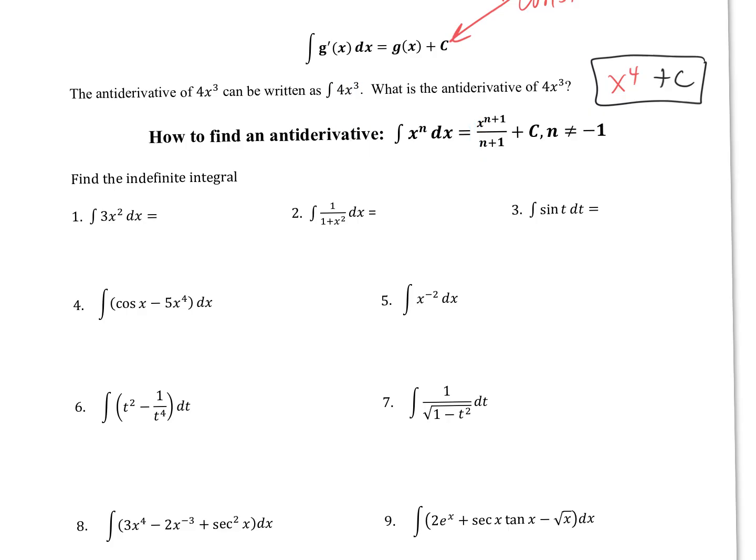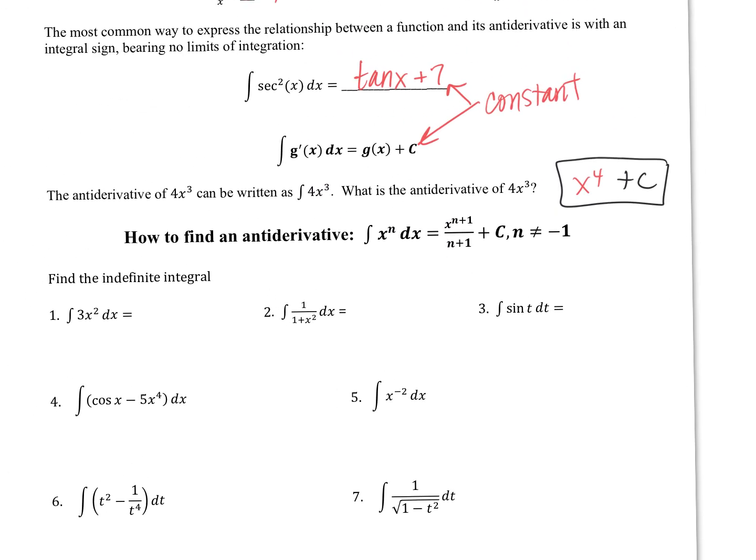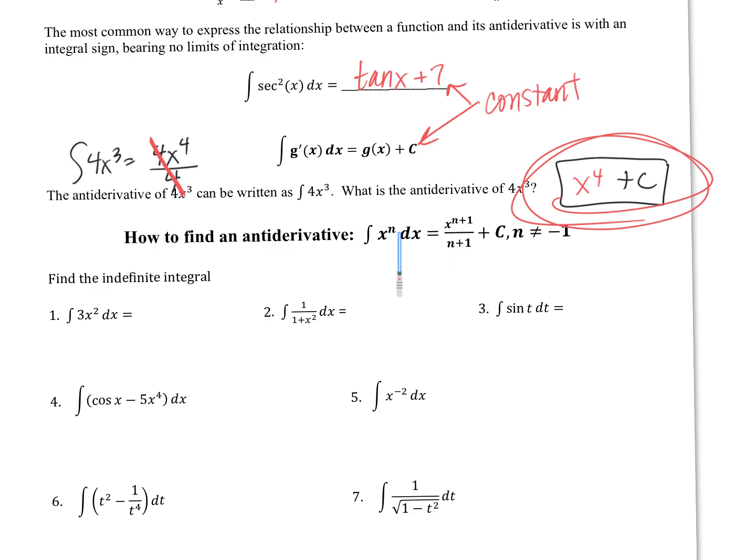So if I took 4x cubed and integrated it, I would add 1 to my exponent and divide by that new exponent. Doesn't that cross out, and I'm just left with what Sadie gave me. So what you're going to hear me say a lot is add 1 to the exponent and divide by my new exponent. That's how we're going to find that integral or antiderivative without having to work too hard. Does that sound good?